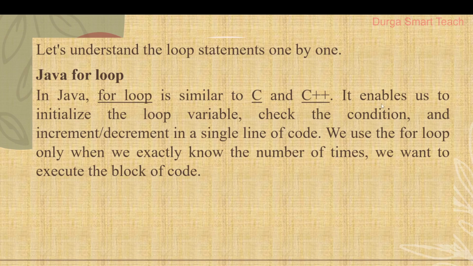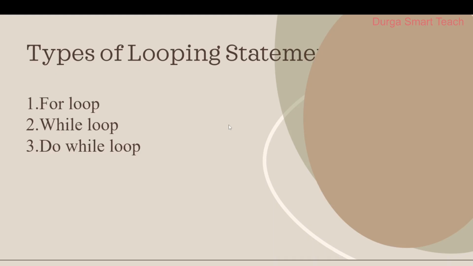It enables us to initialize the loop variable. Normally these looping statements contain three important parts. One is known as initialization, next one condition, and the third one is increment or decrement, that is known as updation. Initialization, condition, and updation.